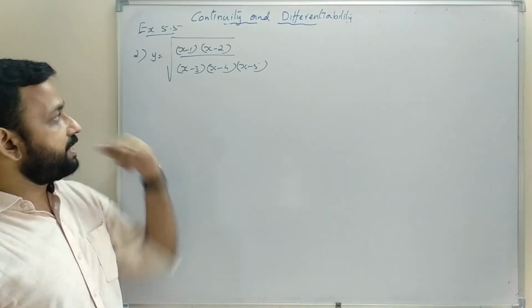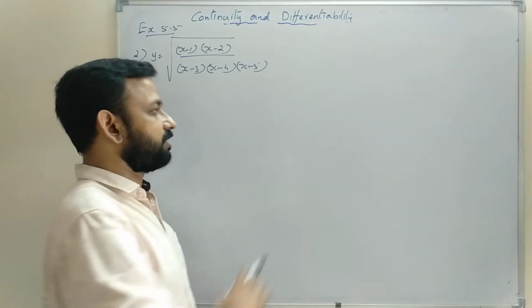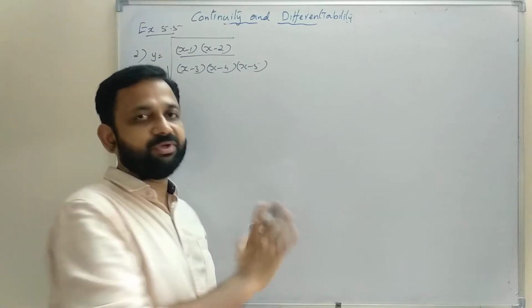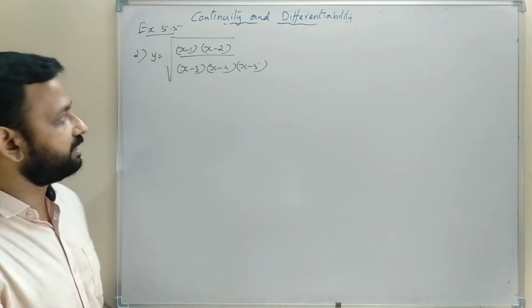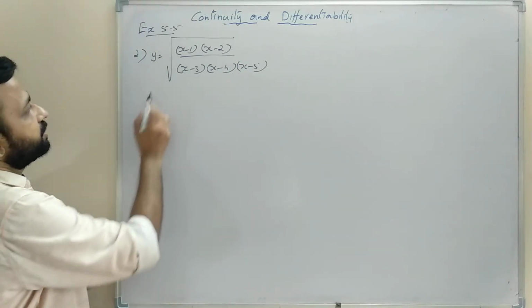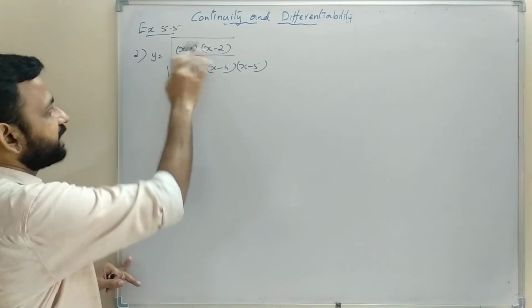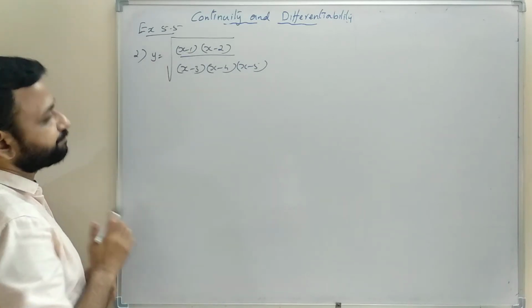If we use the square root rule, d by dx of root x is 1 by 2 root x, it will be very lengthy. So we can take this actually in exponential form.